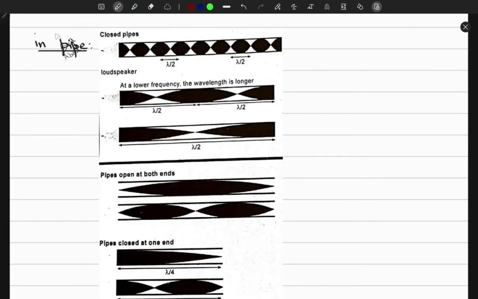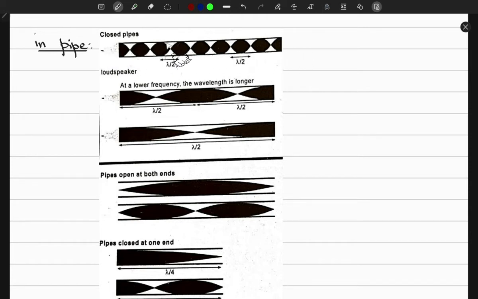Next, we can discuss the case of standing waves formed in pipes. We can have two different cases: pipes which are open at both ends, and closed pipes, which are open at just one end. So we'll see how these waves form. For example, consider a loudspeaker placed over here. It will send sound into this long tube that you can see.